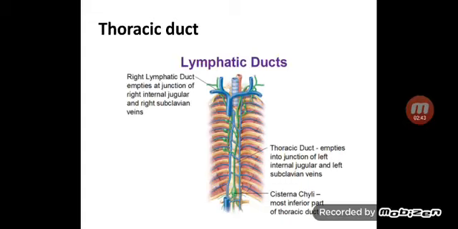So the thoracic duct drains the lymphatics from the whole body except the upper right side of the body, which is above the diaphragm. The right upper limb and the region above the diaphragm are drained by the right lymphatic duct.